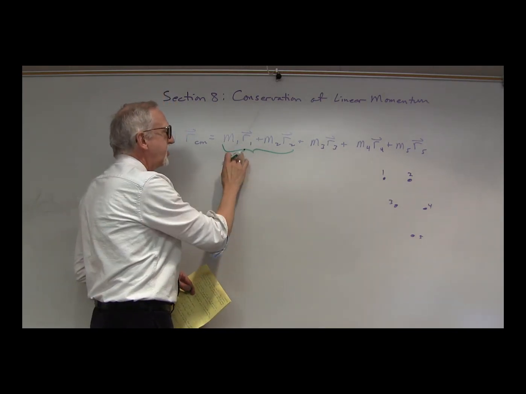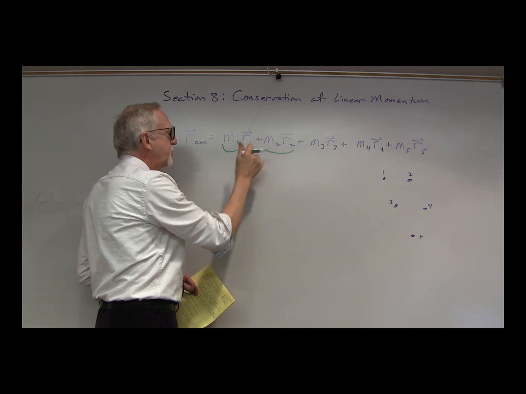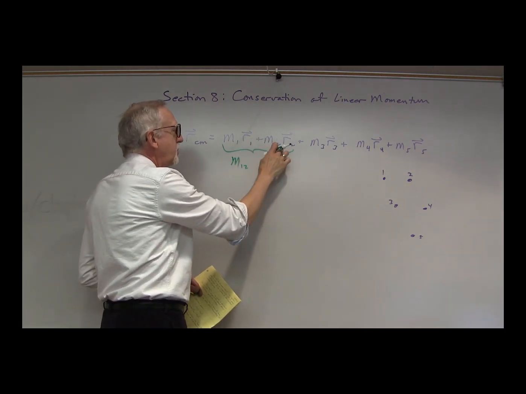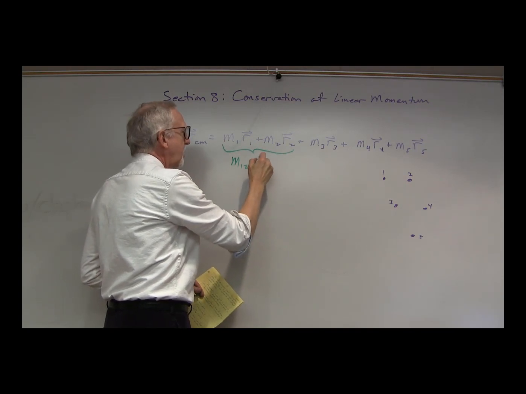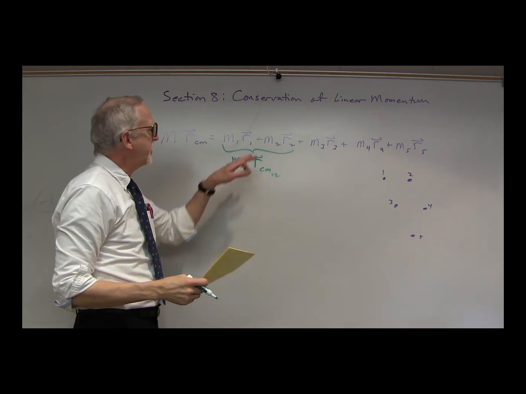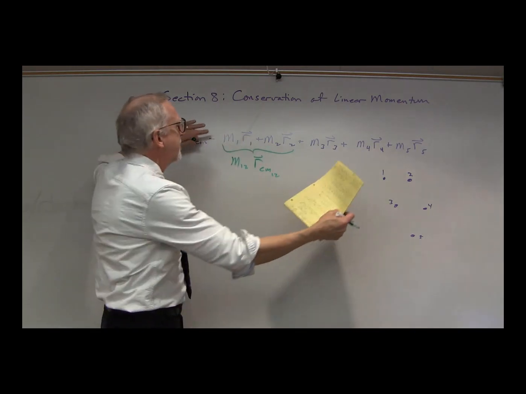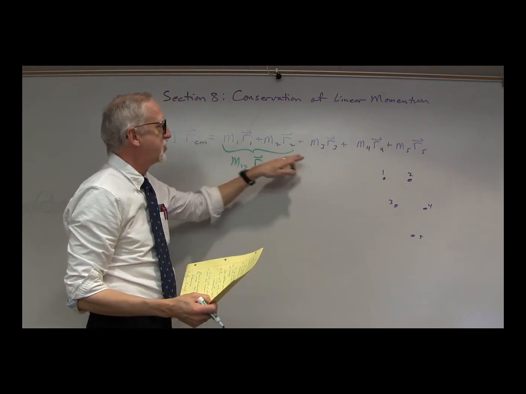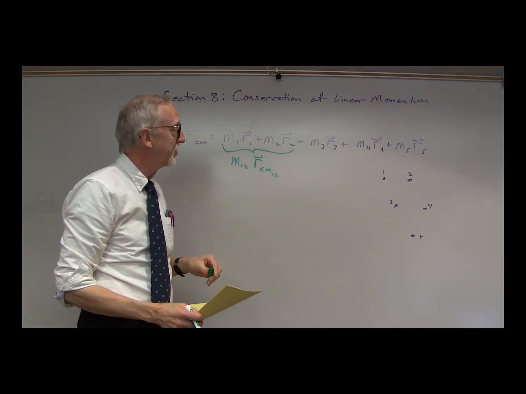Well, that is the total mass of just m1 and m2, I'll call that m12, times the center of mass, rcm, of just m1 and m2. So this is the way we would define the total mass times the center of mass if we only had 2 objects, just mass 1 and mass 2.